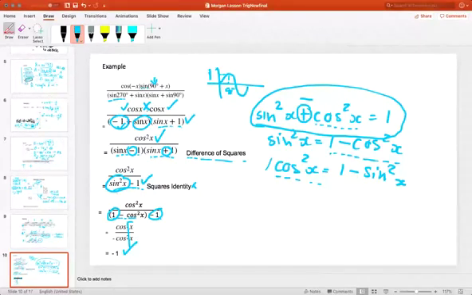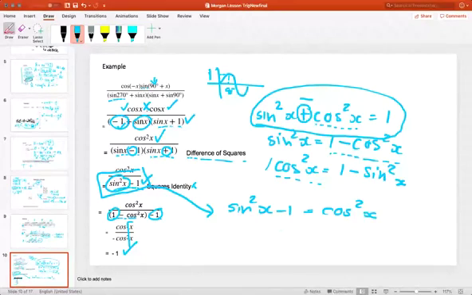Okay, a common mistake that people make at this step over here is they say the following. They say sine squared x minus 1 is cos squared x. But it is not the case.